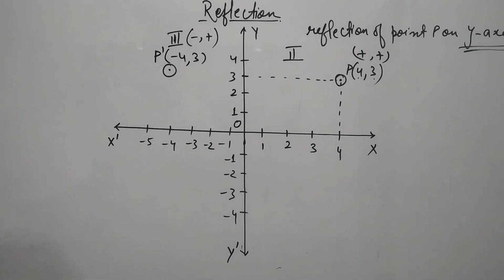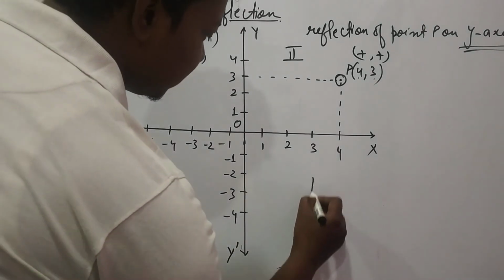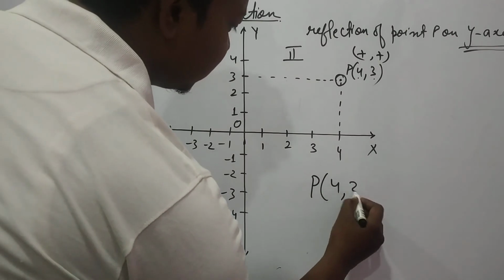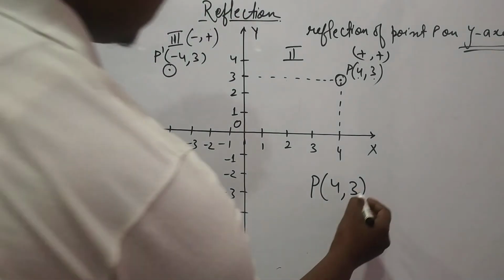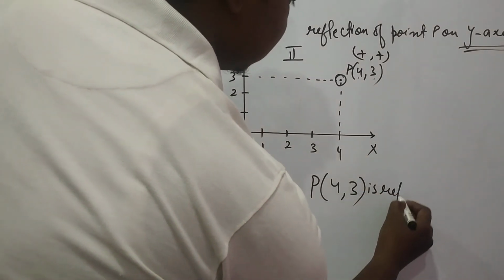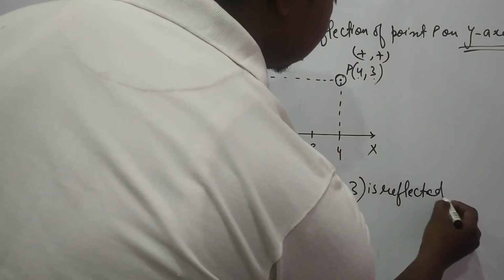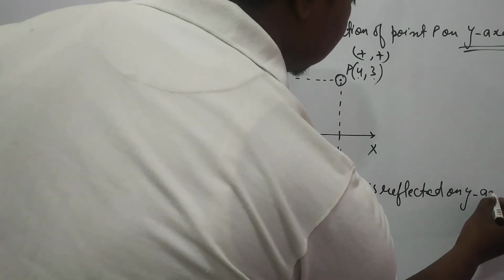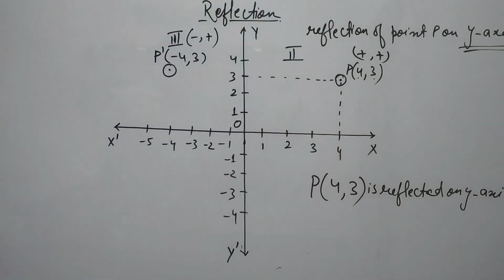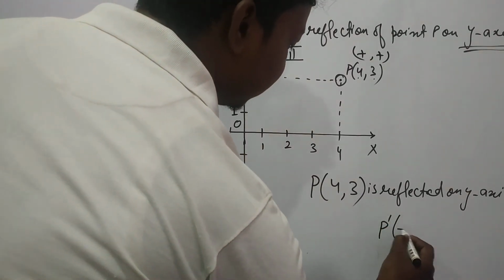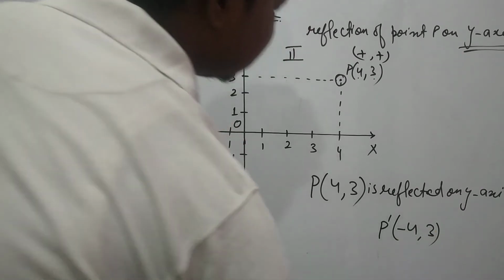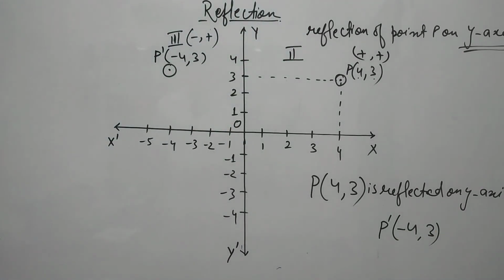So what we conclude from this is if the point P 4, 3 is reflected on the y-axis, then its image formed is P dash with a small change in the sign of the coordinates, and it becomes minus 4, 3.